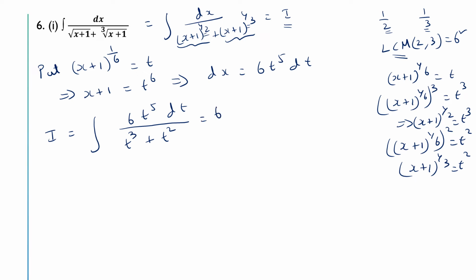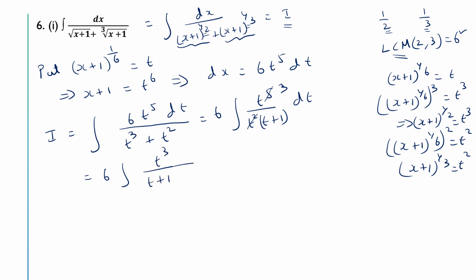Now this is equal to 6 integral t raised to 5 divided by, t square is common, we can take it outside, into t plus 1 into dt. So t square and t raised to 5 will be t cube. So this is equal to 6 integral t cube by t plus 1.